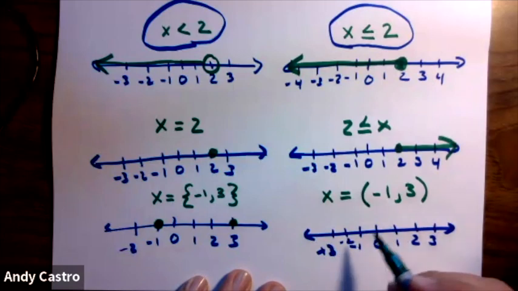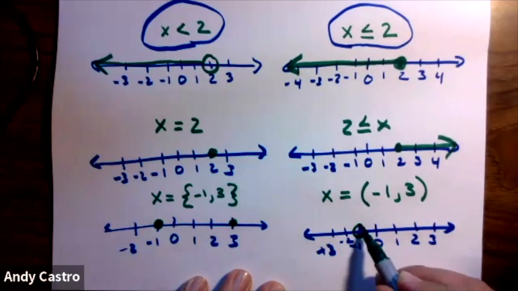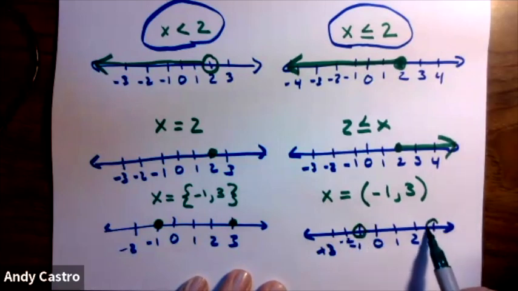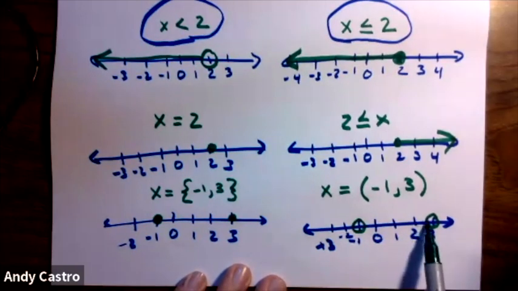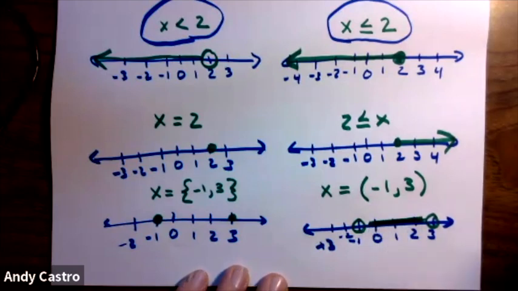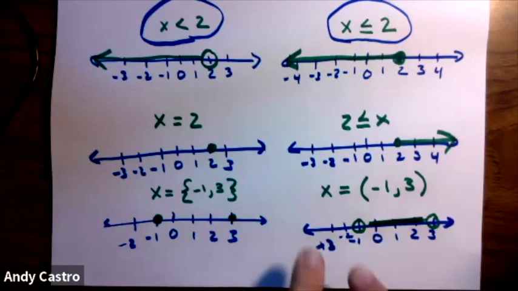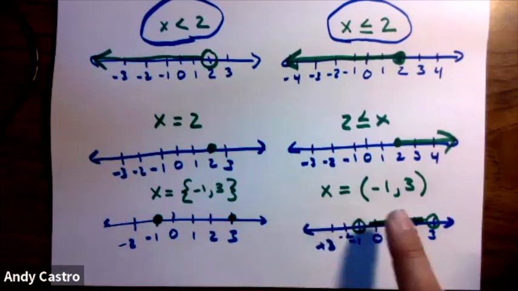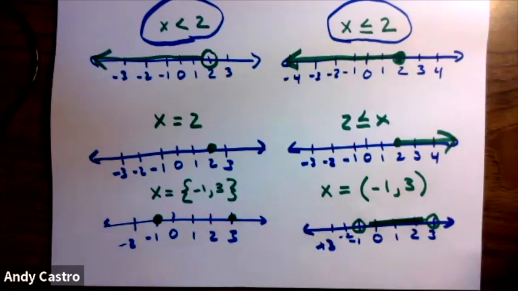We would have an open circle at -1, an open circle at 3, and everything in between filled. Give you a second to write that down. And what that means is x can equal anything in between -1 and 3. That's what those open parentheses mean.